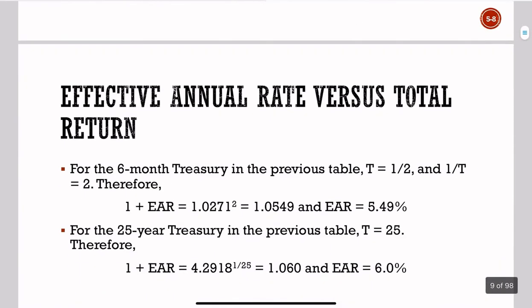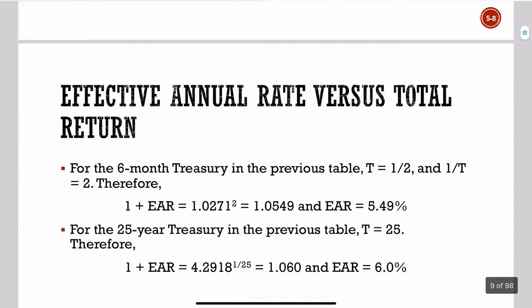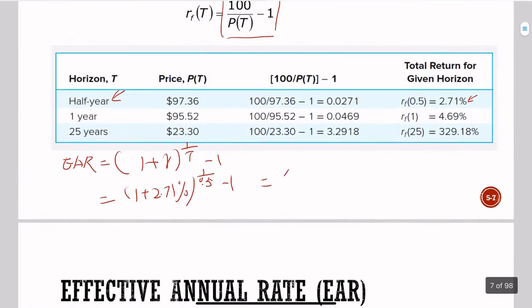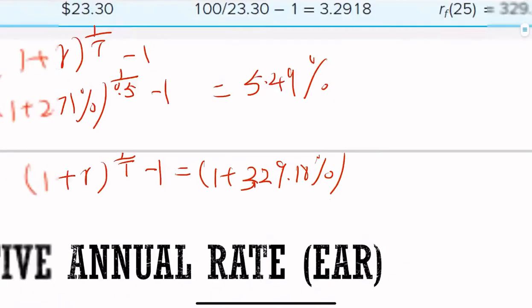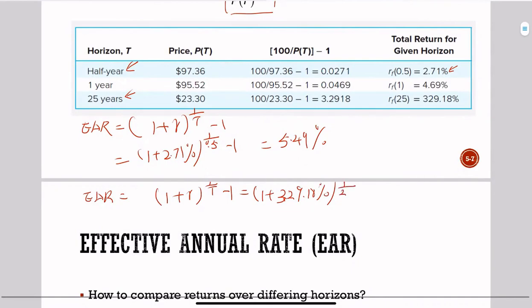This gives us 5.49%. And then for the 25-year investment, the annual return is (1 plus R) to the power of 1 divided by T, minus 1. So we have 1 plus 329%, and T should be 25.